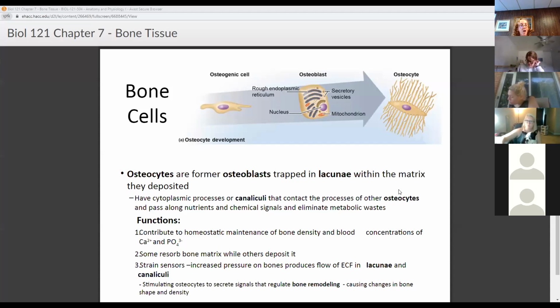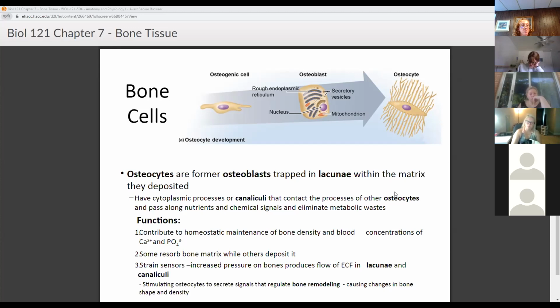Osteoblasts secrete a bunch of matrix. That's what they do, they just keep secreting matrix. And then they find themselves trapped in the matrix they've secreted. At that point, they can't keep secreting more, and so they're trapped in the cavities that are left when they trap themselves.